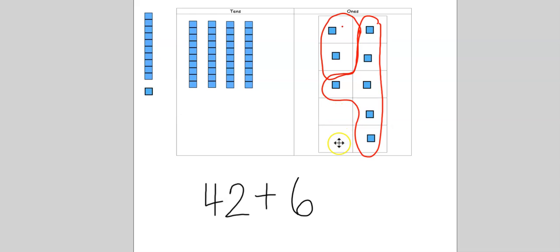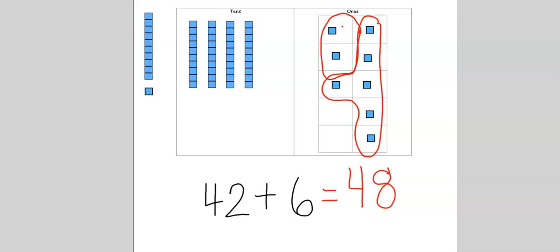If I had all of them, I would have 10, but no, I have 8. So I have 5 here and 3 more make 8. So I have a total of 48.